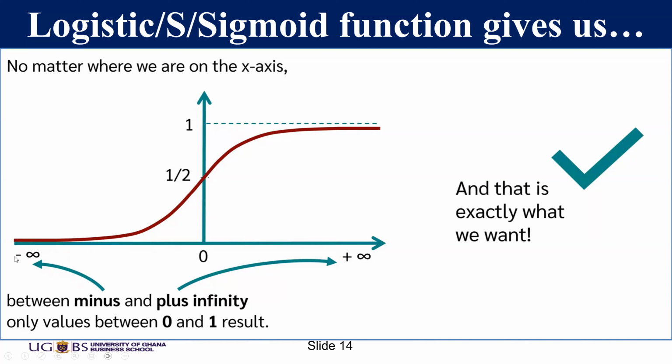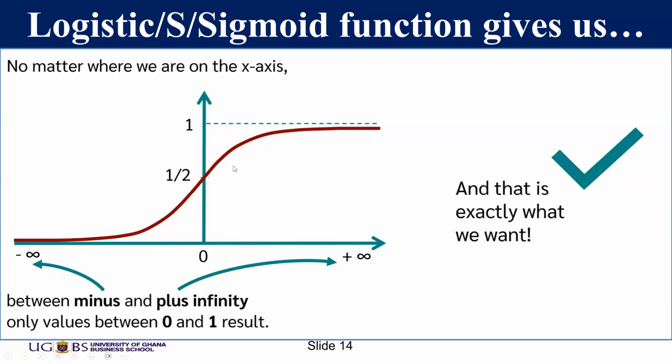The S-like function will fit it between 0 and 1. So between minus and plus infinity of the independent variables, only 0 and 1 of the dependent variable can result. And that is exactly what we want.